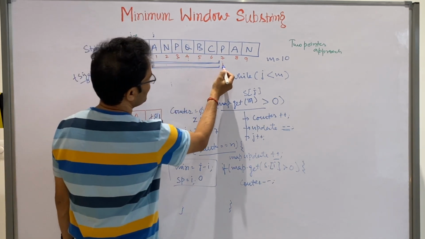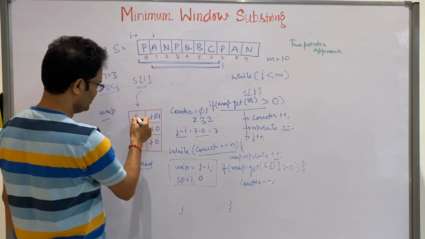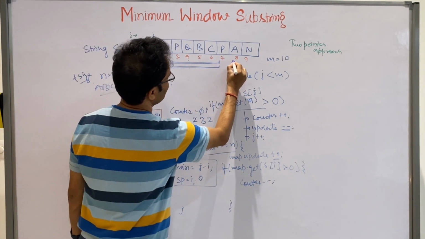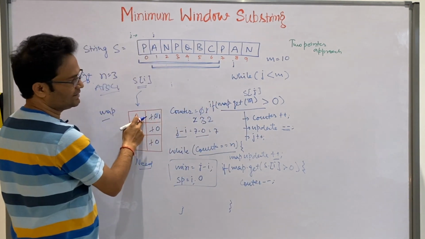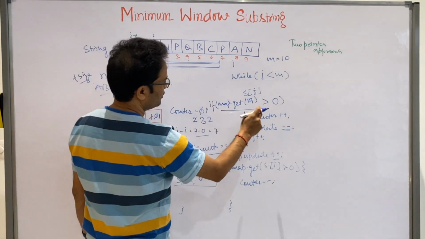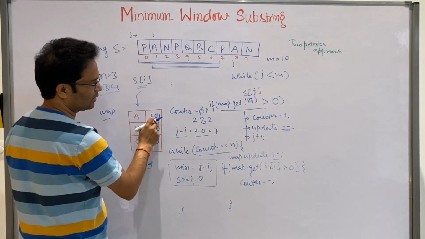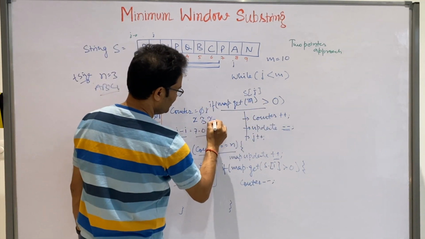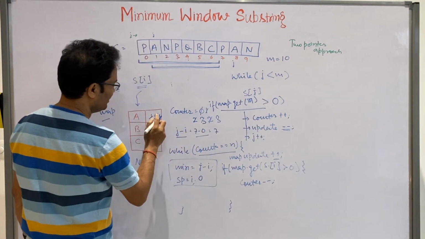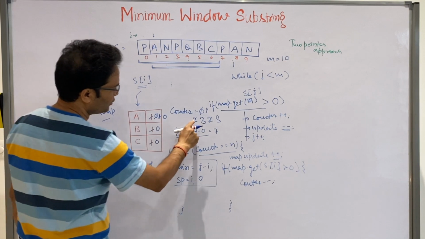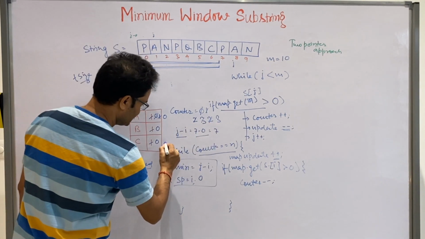Now my j was here, P is here, no. Then j is here, A is here, yes. The value is more than 0, so update the counter and update the map, it becomes 0 again. Now you can see your counter becomes 3 again, this condition is satisfied.